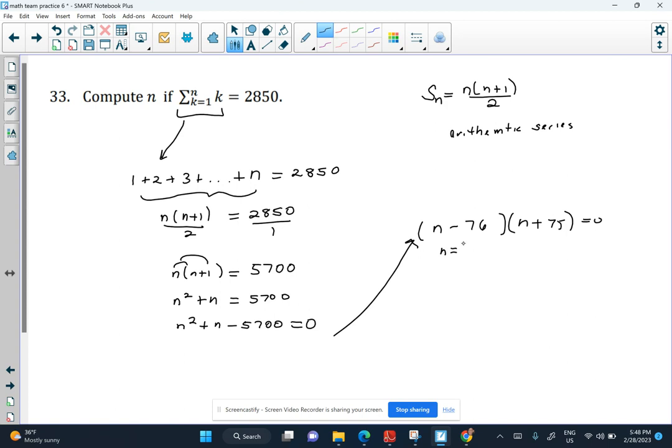So one value of n is positive 76, and the other value of n is negative 75. We're going to reject the negative 75 because you need to have a positive value, and the final answer to this problem is 76. Okay, next problem.